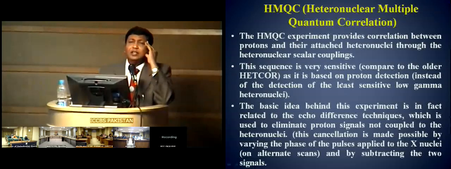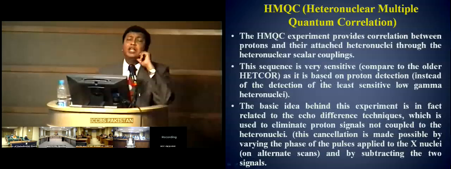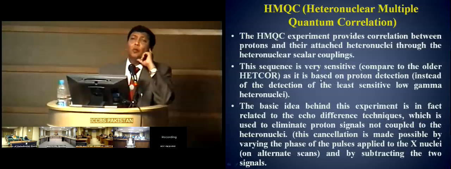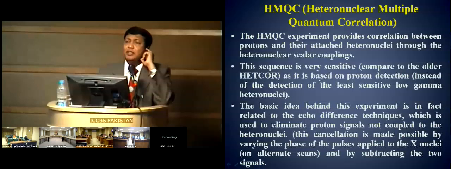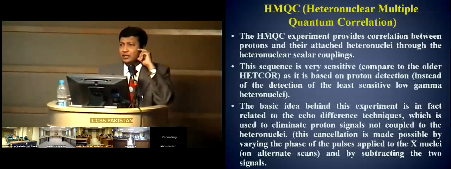But in all of them, the phenomenon is primarily the same. This is the inverse of an INEPT, right? With the difference that in inverse INEPT, your source nuclei is carbon and your detected nuclei is proton.